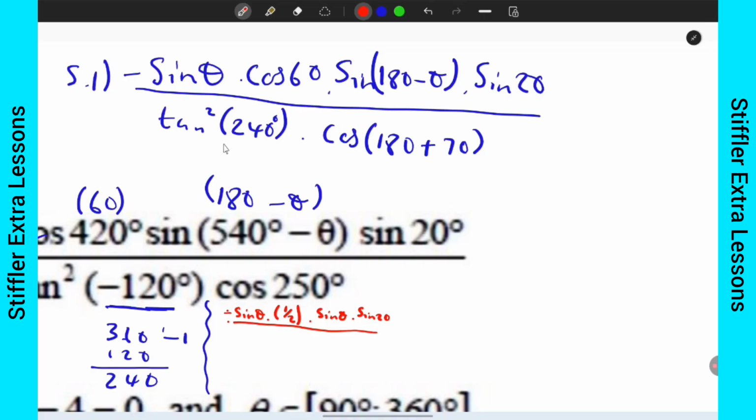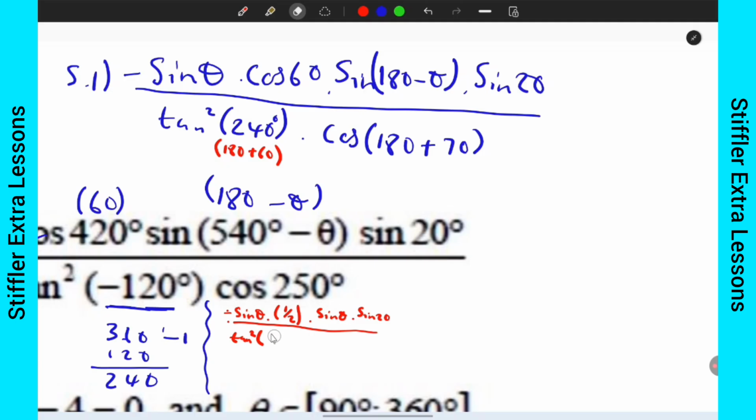So where is 240? 240 is in the third quadrant, so we use 180 plus 60, which will still give us tan of 60.